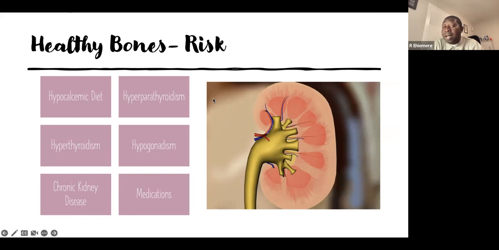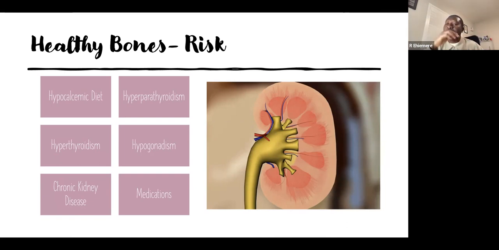Hyperparathyroidism. I'm so sorry I had to put in this medical terminology, but I don't think there's a substitute name for this organ called the parathyroid. It's behind the thyroid gland in your neck. They are a huge regulator of bone: how much bone is formed and how much is broken down.